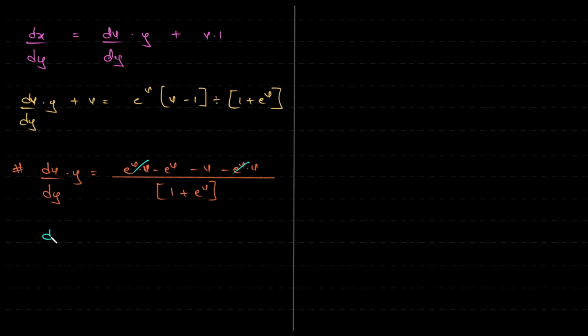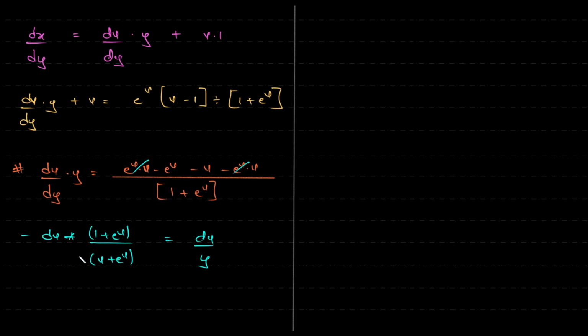So we have dv into 1 plus e to the power of v, and in the denominator there's a negative, so I can overall write negative over there, v plus e to the power of v is equal to dy by y. So if I differentiate this, I'll get this.